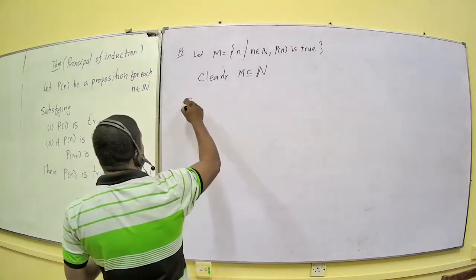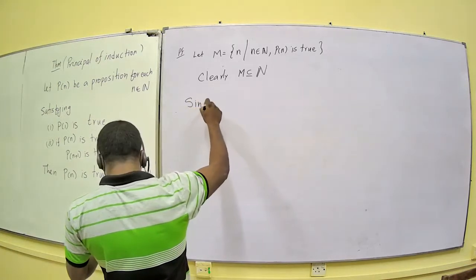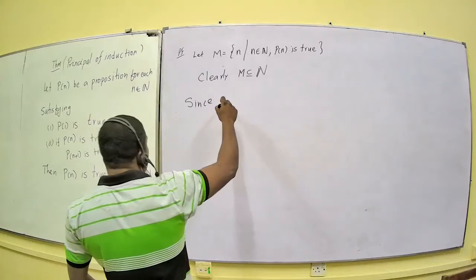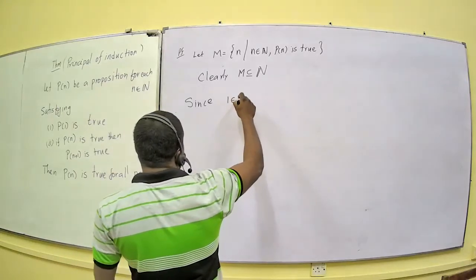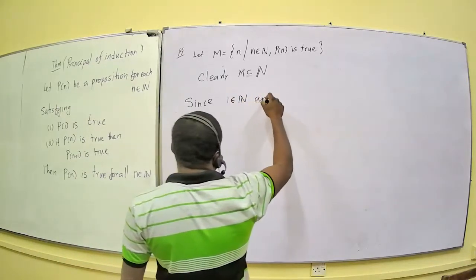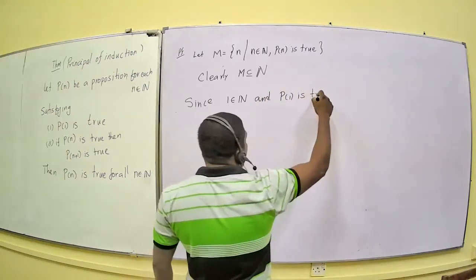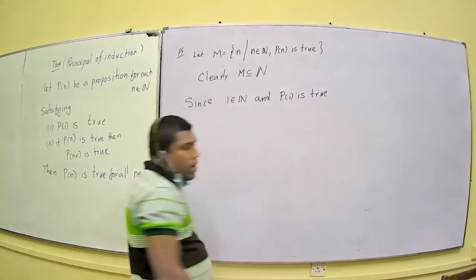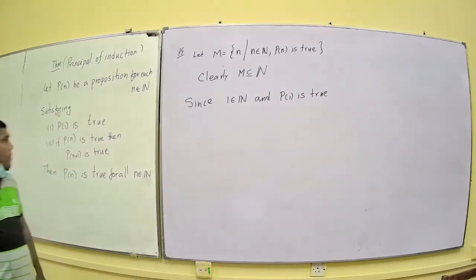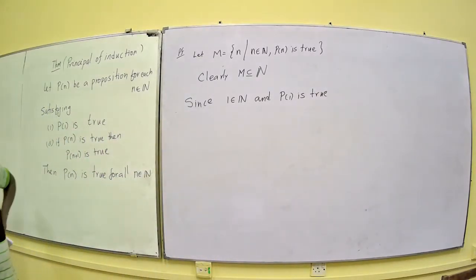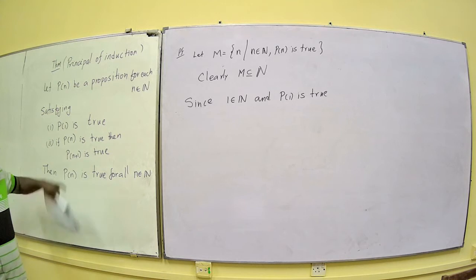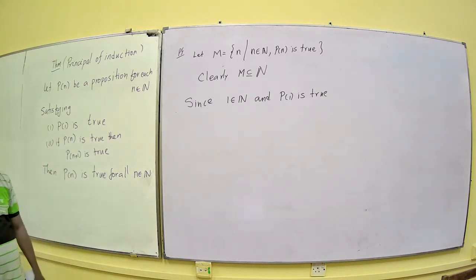You clearly know 1 belongs to the natural numbers, because we already proved that in the last theorem: 1 is a member of N. And here it is given that P1 is true.